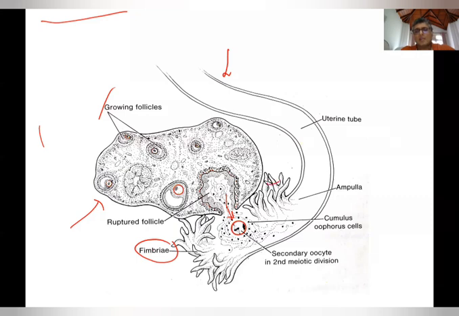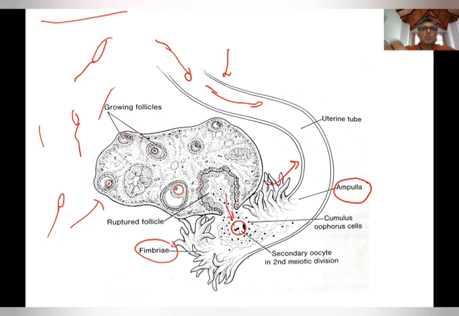Immediately after it is taken up, in the ampullary region, which is usually where it gets fertilized, sperms enter through the vagina, millions and millions of sperms coming all the way through the fallopian tube, and at the ampullary region they fertilize the ovum. Fertilization takes place at the ampullary region.